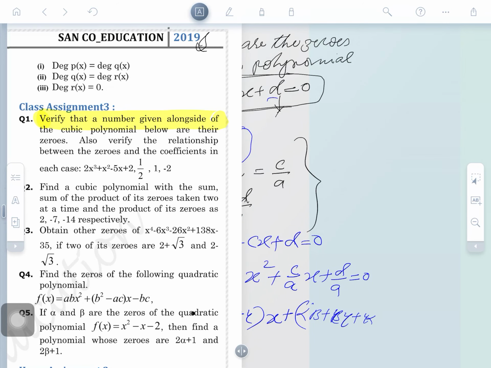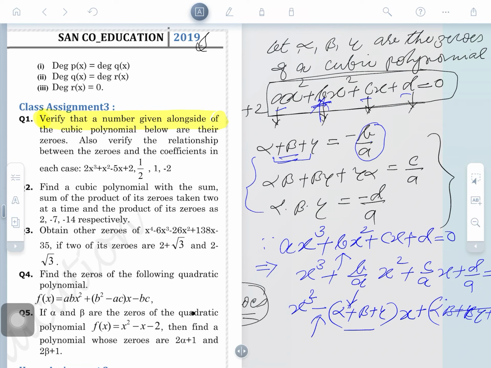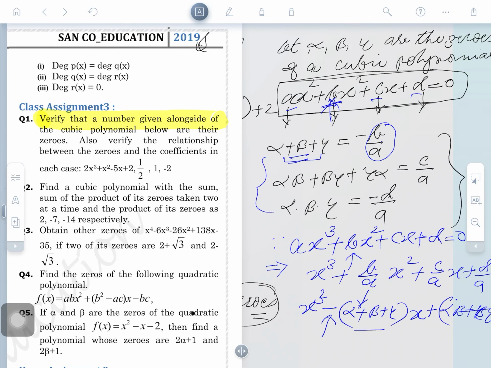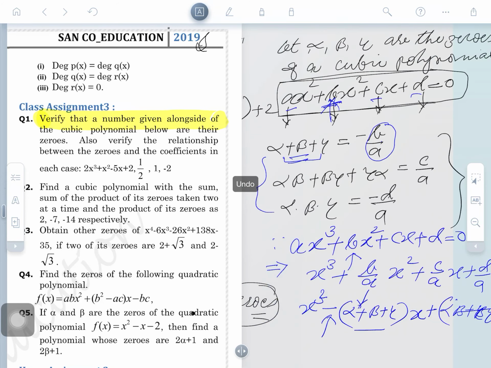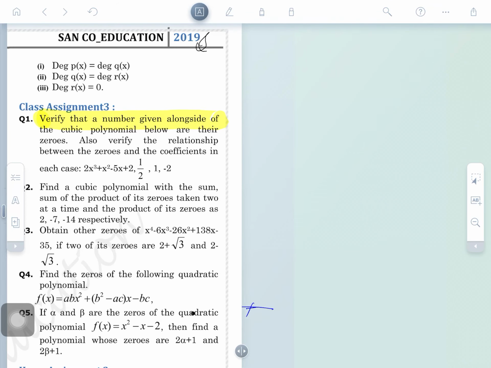Now next is x here, and third is what? In place of d by a, what can we write? Alpha beta gamma. So it's very simple, alpha beta gamma can be written. Look at this now.